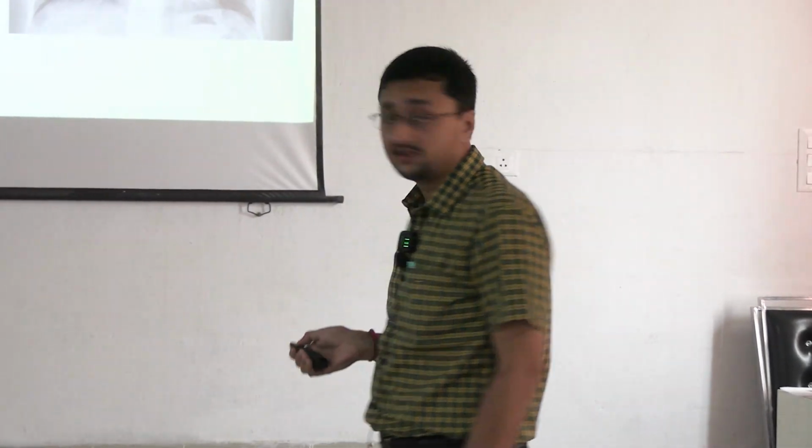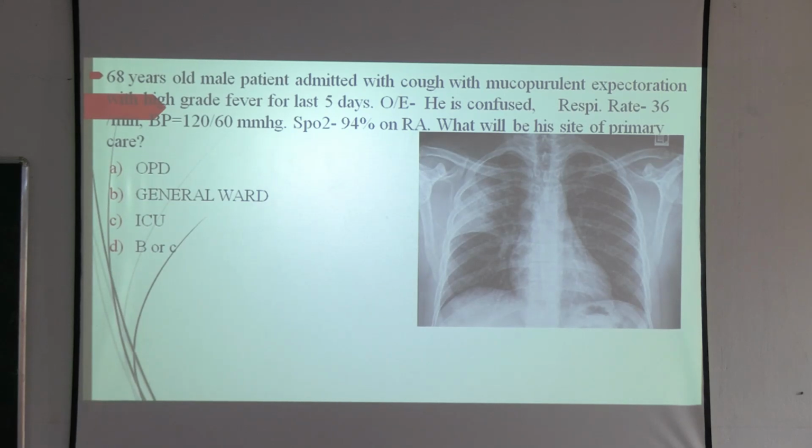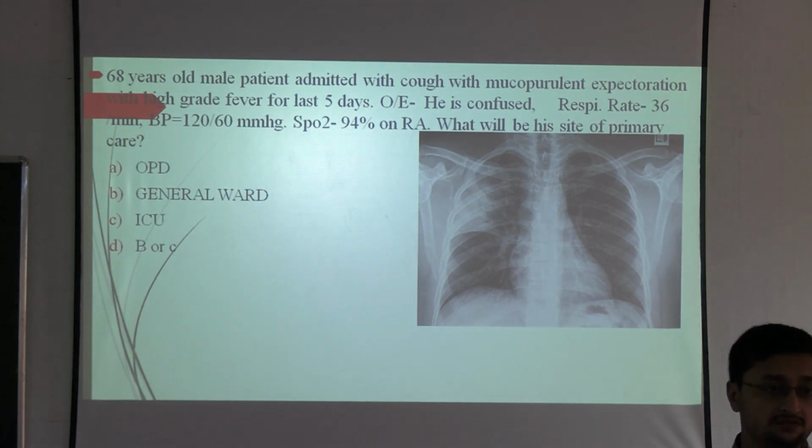C for confusion, right? So he is confused. 1. Next, respiratory rate is 36. It is obviously more than 20. That is 2. And 65 is 65 years of age. More than 65, 68 years of age. So the score is 3. So if the score is 3, that is more than 2, the place of initial treatment should be in ICU.